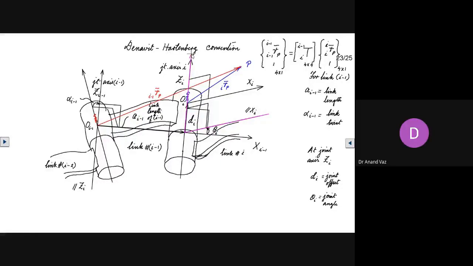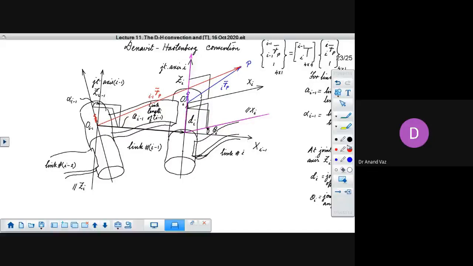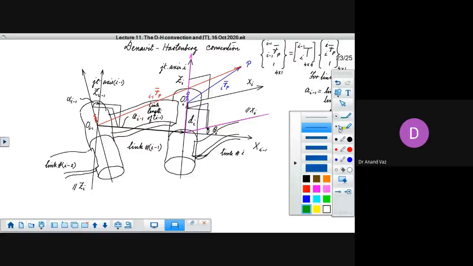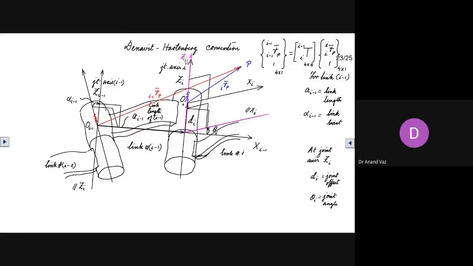Let's call this frame frame H. So we will take this frame as frame H. So this becomes ZH, and this becomes XH. This becomes the origin of the frame H.